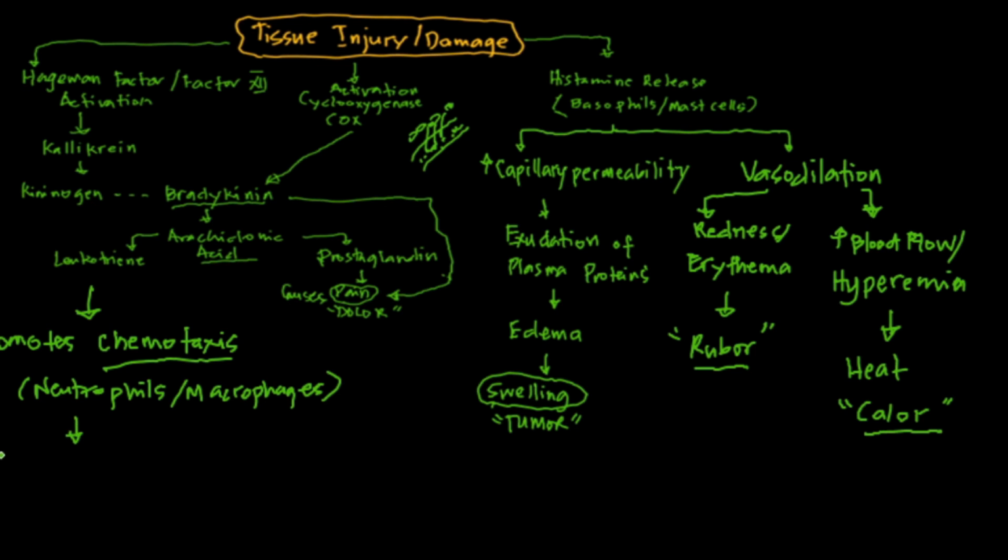So it will also enhance the phagocytosis. Again, phagocytosis. And because of that process wherein your white blood cells are eating the foreign bodies or engulfing them, they also digest some necrotic cells or dead cells.